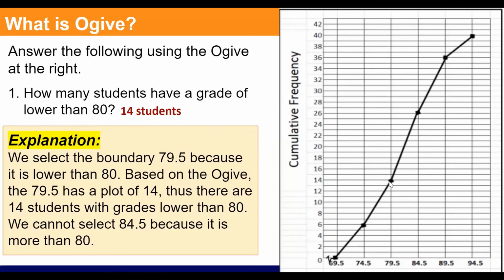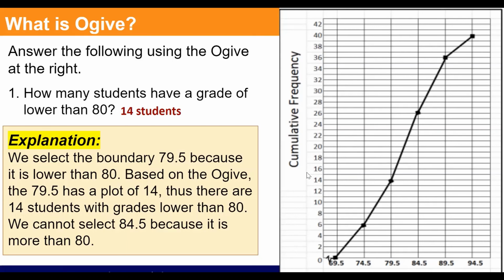So 79.5. Diba? So it is 14. The explanation is we select the boundary 79.5 because it is lower than 80. As I've said a while ago, based on the ogive, the 79.5 has a plot of 14.